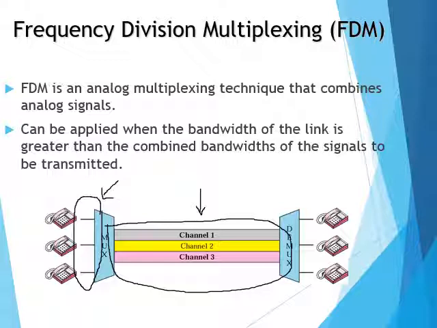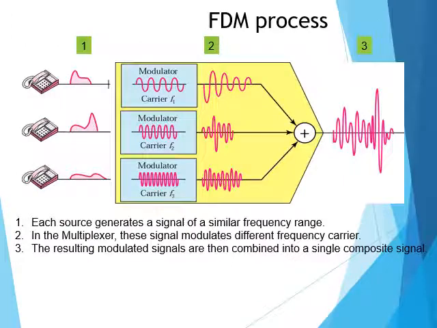So if the bandwidth of the link is greater than the bandwidth of the signals to be transmitted, then FDM can be applied.